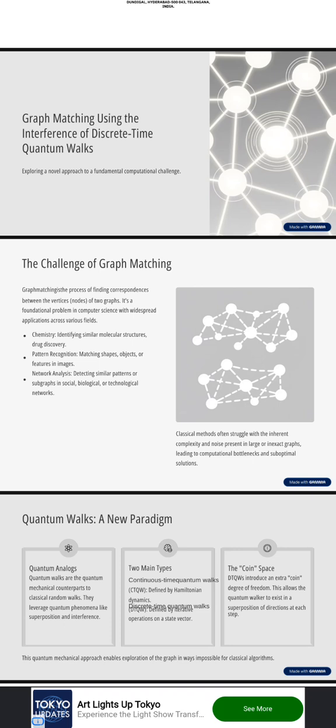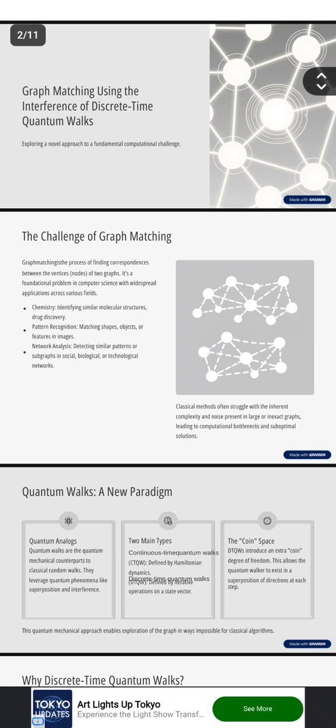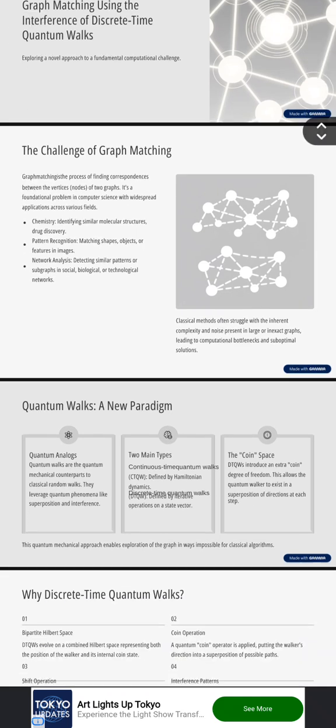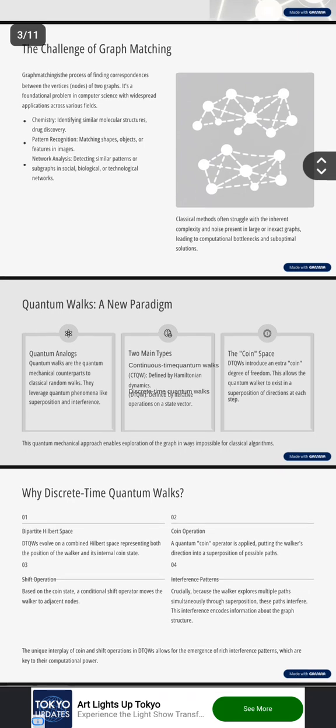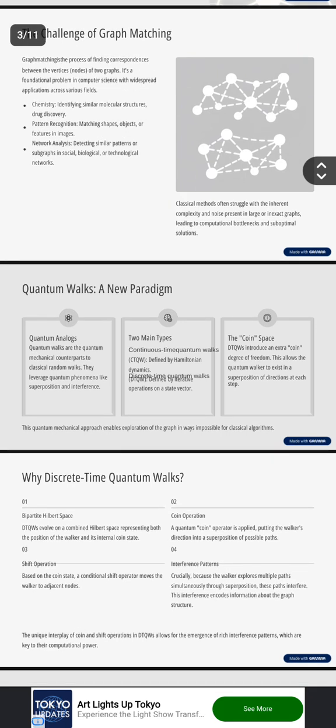Network analysis, detecting similar patterns or subgraphs in social, biological, or technological networks. Classical methods often struggle with the inherent complexity and noise present in large or inexact graphs, leading to computational bottlenecks and suboptimal solutions. Quantum walks, a new paradigm.